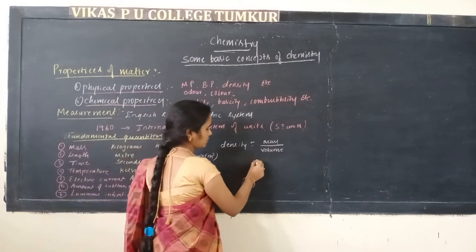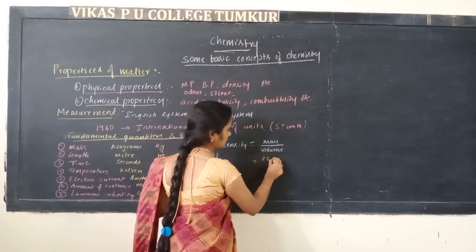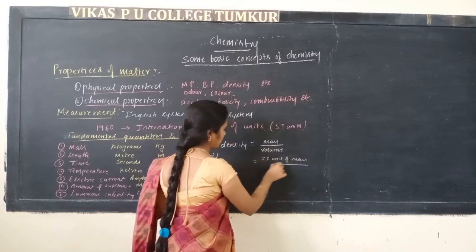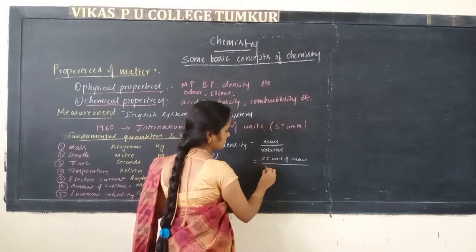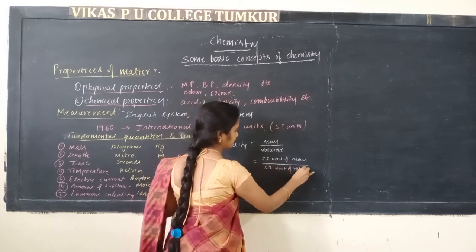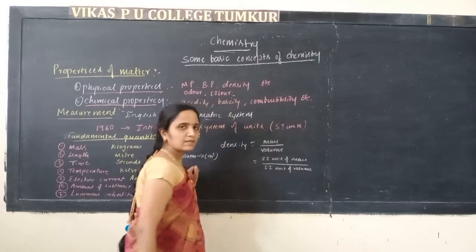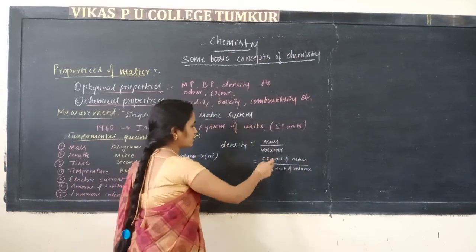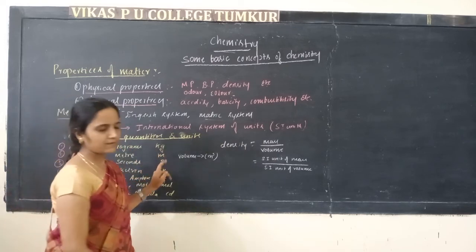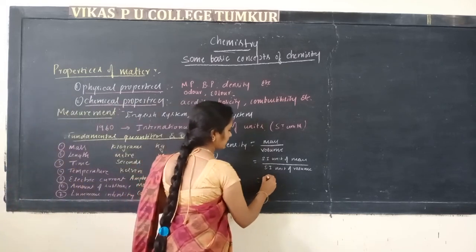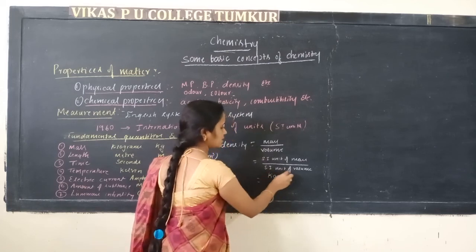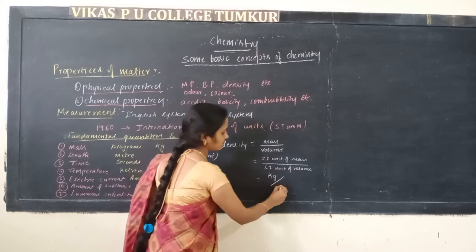Therefore, the SI unit of mass divided by the SI unit of volume. The SI unit of mass is kg, divided by the SI unit of volume, meter cube.